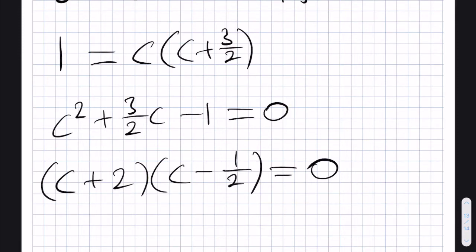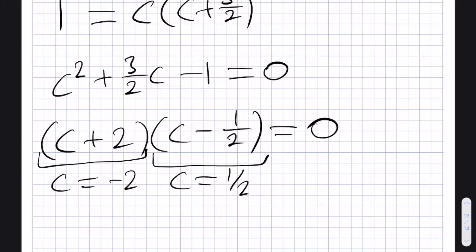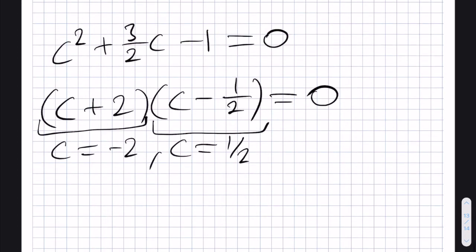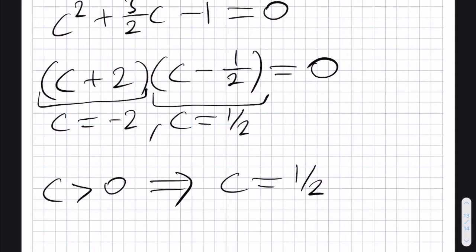This gives us two solutions, namely c equals minus 2 or c equals 1/2. However, c, we were told, has to be strictly greater than 0, and therefore the only solution for c is c equals 1/2, i.e. we have a unique solution for c.